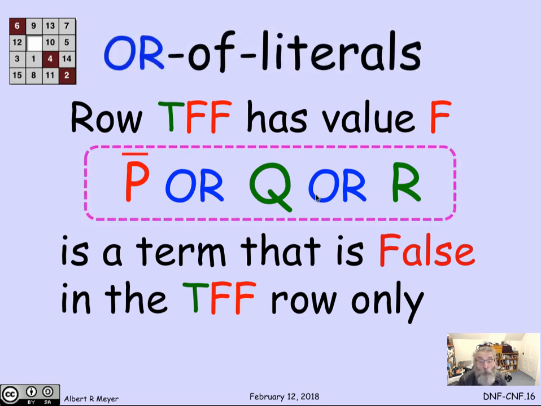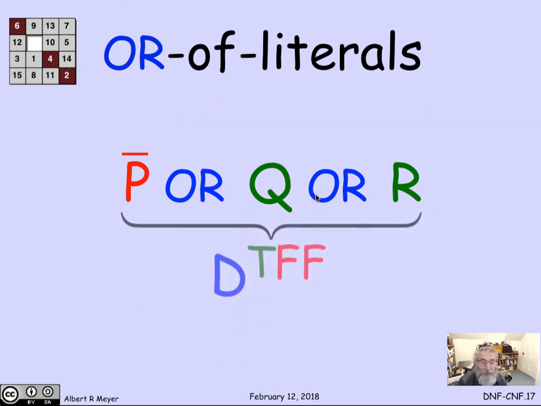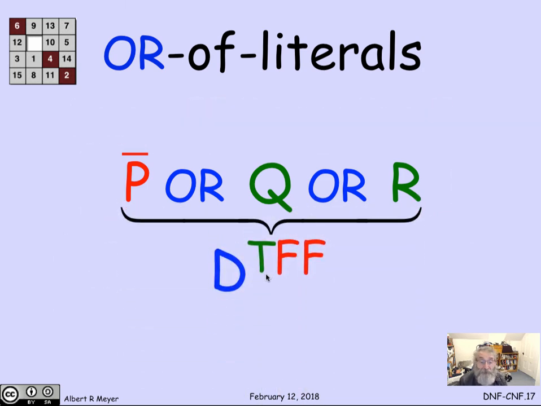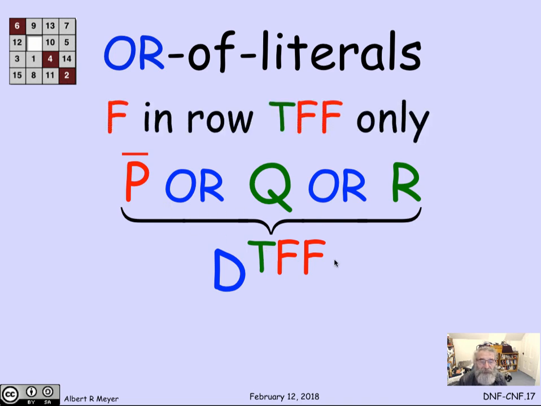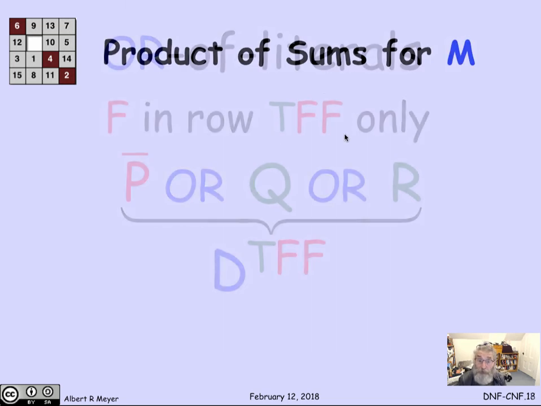So this is an OR of literals term corresponding to an AND of literals in the previous example. We'll call it D_TFF, for disjunction of literals, D_TFF. Again, this has the property that it's false only under the assignment TFF. It's false only in row TFF. In all other rows, it's true.